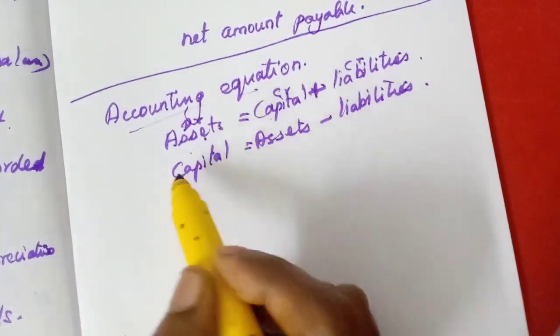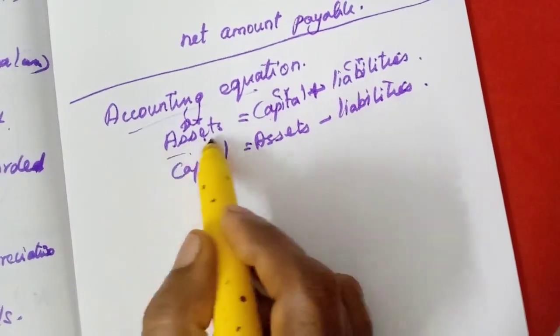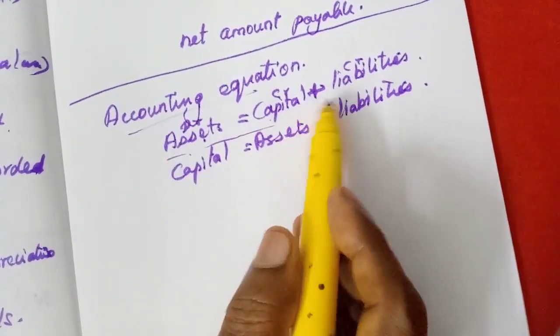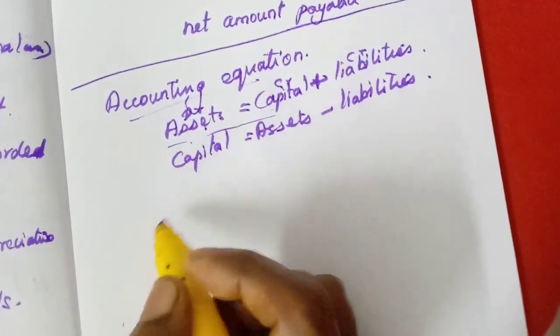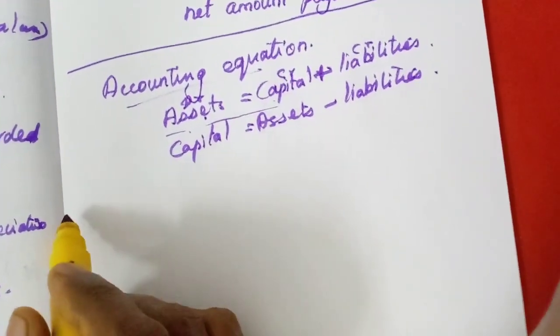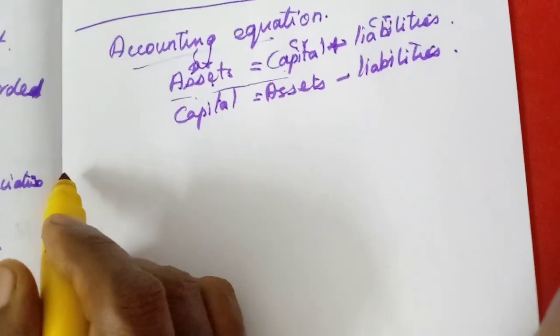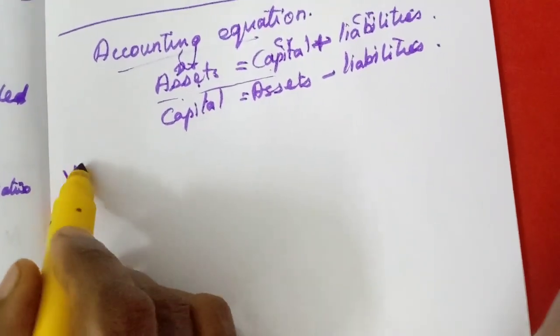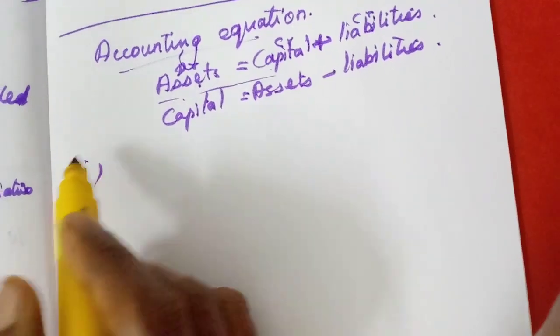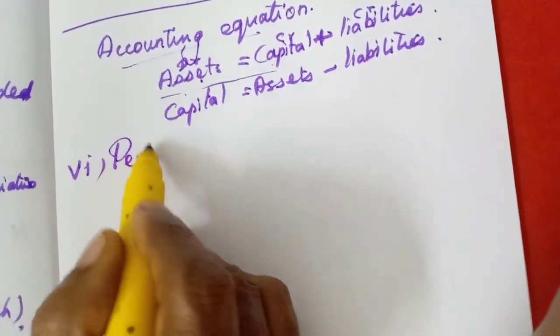So we can derive many equations. But the basic equation is asset is equal to capital plus liabilities. Now we will learn the next one. I think up to 5 concepts we have learned. Now you listen. The next one I am going to explain to you. Periodicity concept.